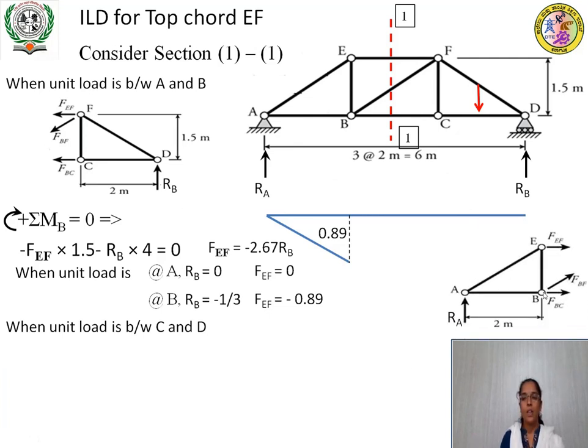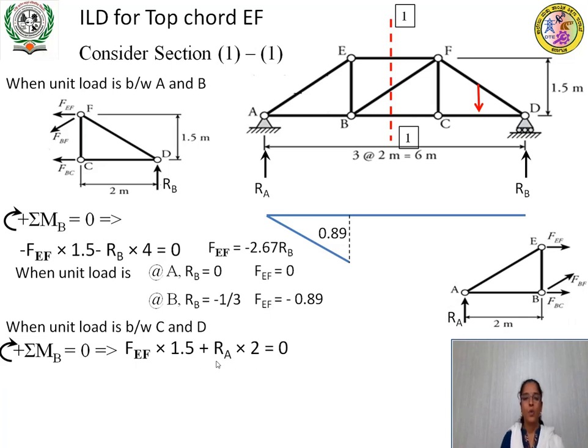Same thing, apply sigma MB is equal to 0 so that we can eliminate these two and have only the force in member EF. The force in member EF is inducing clockwise moment about B, therefore EF into height 1.5, and RA into 2 meter is also inducing clockwise moment about B.